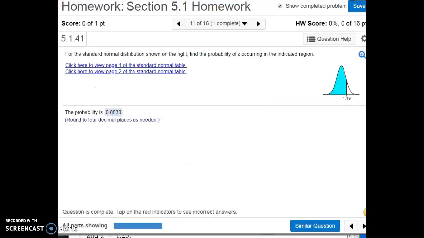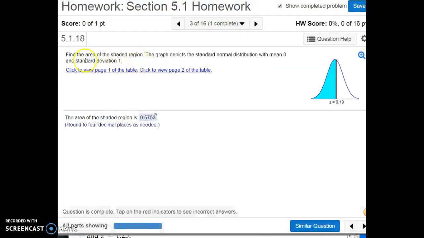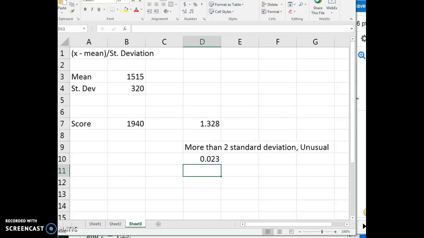The remainder of this assignment, 11 through 16, are almost identical in computation to what we did for 3 through 8. It's just phrasing the question differently. Here it's saying find the probability of z occurring in the indicated region, as opposed to what we looked at in 3, which was find the area of the shaded region. But the area and the probability of it occurring are two different ways to think about the same exact concept.